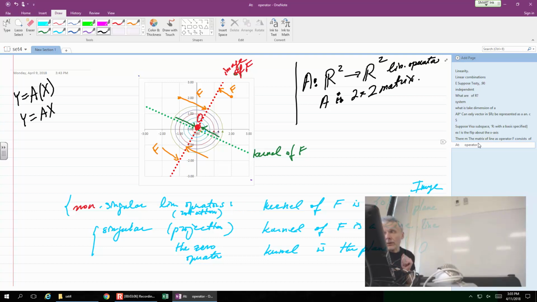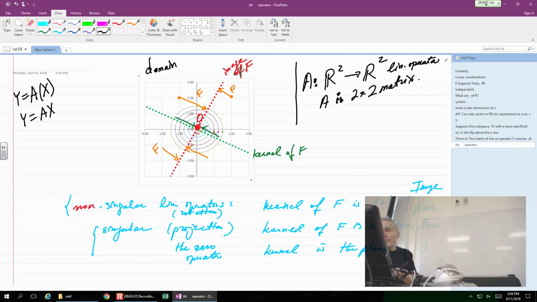The image of that matrix or transformation is the red line, and then the green line is the kernel. It is what vectors on the xy plane, the domain, end up at zero. So this is the domain we're talking about, and the range is somewhere else. I just put it on the same xy plane, but they are two different copies, one on the left and one on the right.